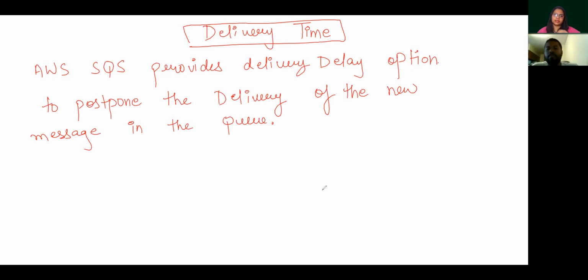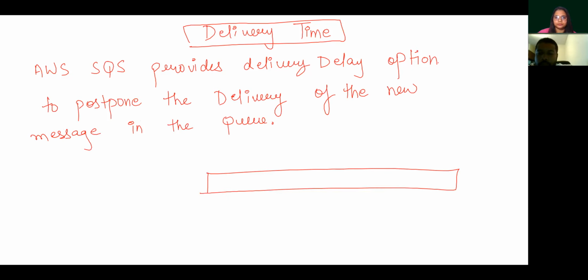Just try to understand it. See, this is a queue we have, an SQS queue. Say this message 1 has been sent by the user to the SQS queue.